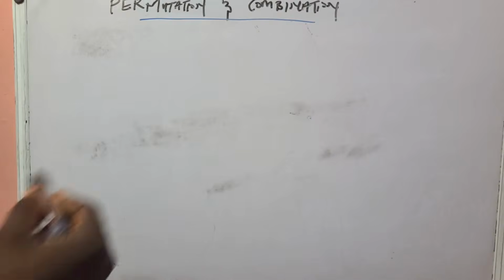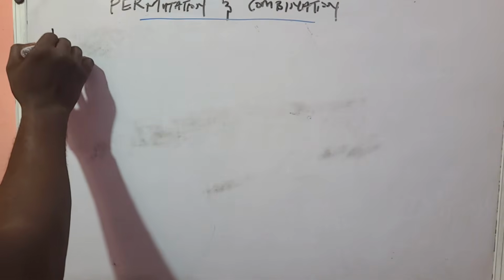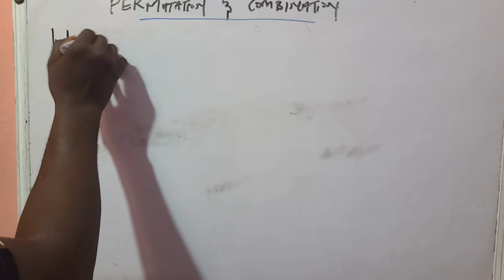So yesterday, I'm sure everyone was able to grasp the concept around permutation and combination. Now I want to take you deeper into permutation. There is an aspect of permutation that involves what we call indistinguishable objects.